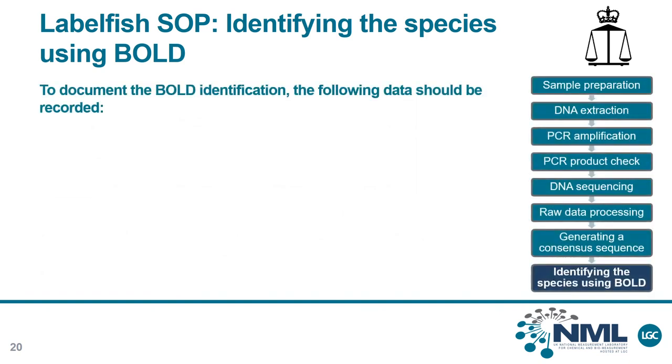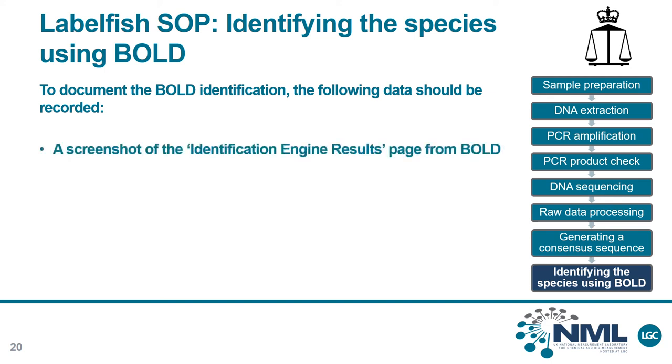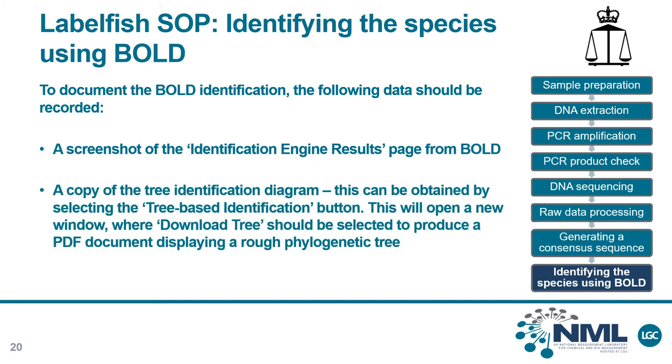In order to document the identity data from BOLD, the following should be recorded: a screenshot of the result summary from the BOLD identification engine, and a copy of the tree identification diagram, which can easily be downloaded from BOLD.